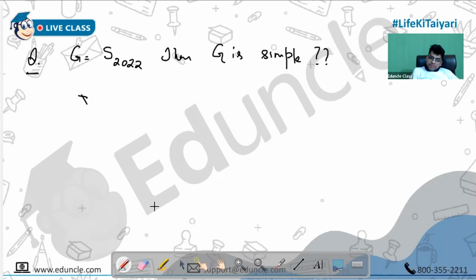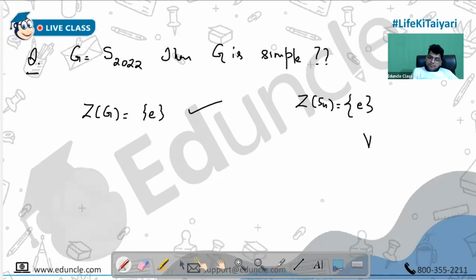Center of G is E, that is okay. That is okay because center of S_n is equal to E for all n greater than 2. सही से नहीं पढ़ाया आपने। Center E does not imply simple.